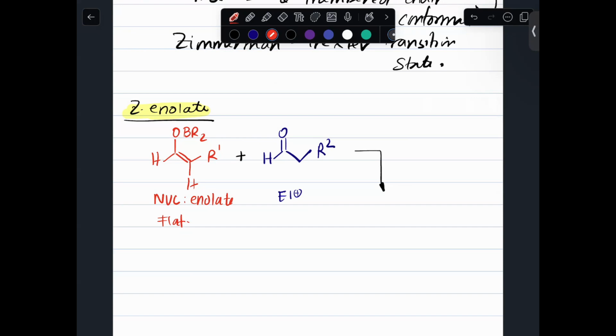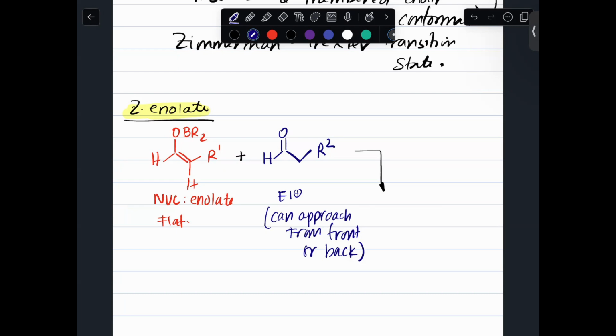Because it is flat, my electrophile can approach the enolate from the front or from the back. That's really important to note. And so we will draw the transition states for the electrophile approaching the front and approaching the back.